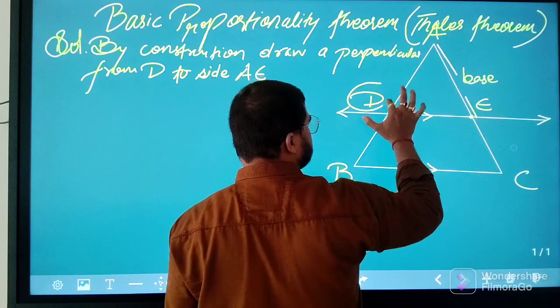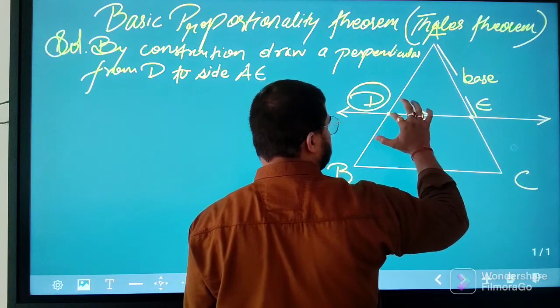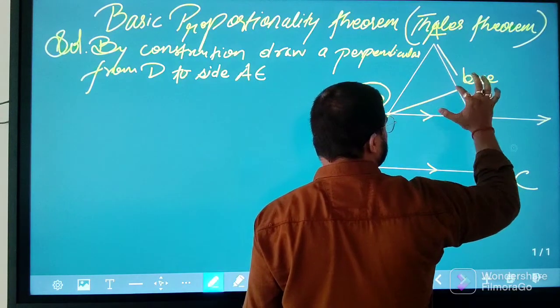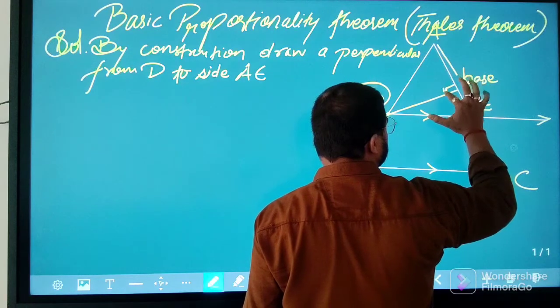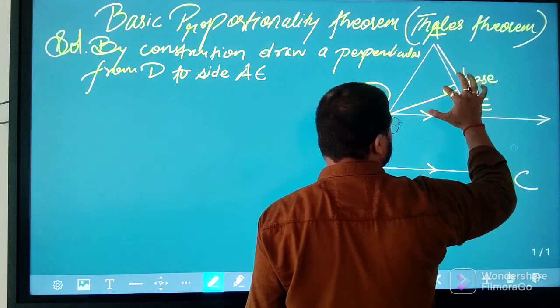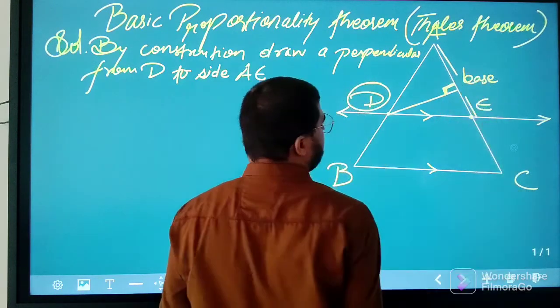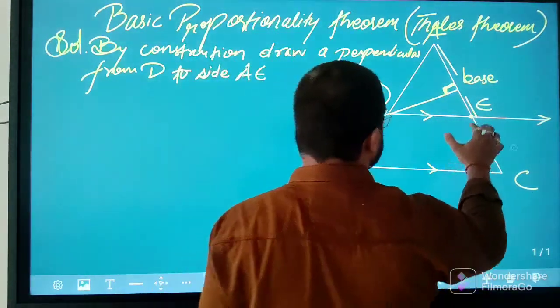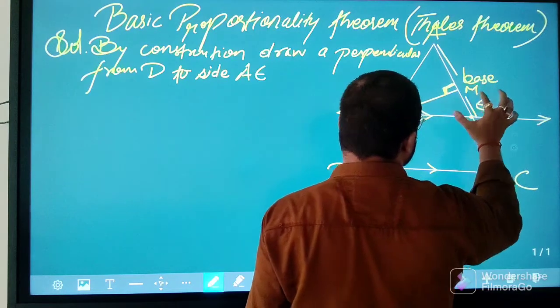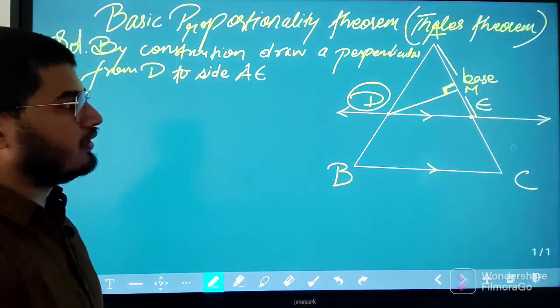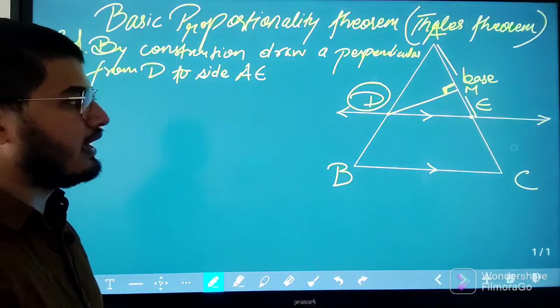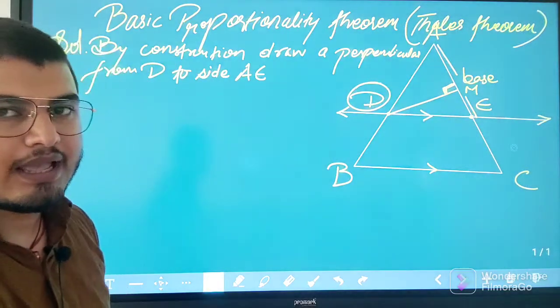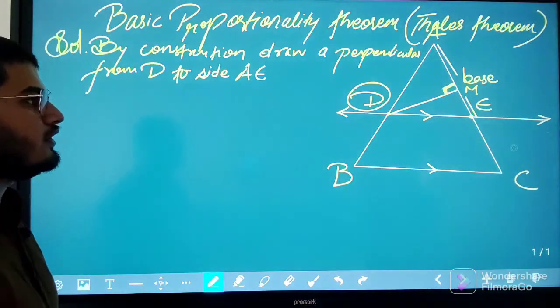So the vertex which is opposite to the base is D. So from here we will draw a perpendicular. And the name of that perpendicular, let us say it as M. It is meeting the line AE at point M. So DM is one of the perpendicular.